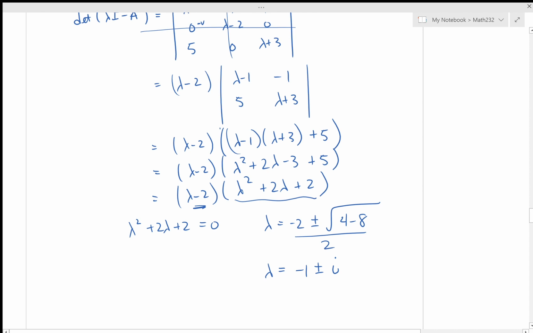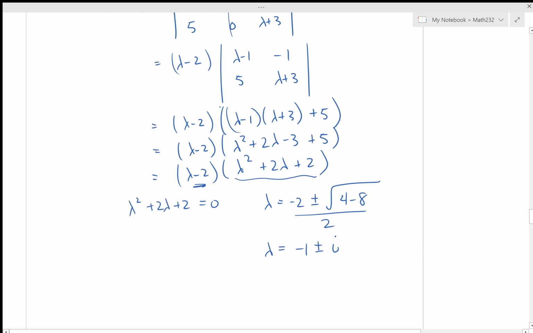Okay, so we have here, well, a few things. We got asked to state the characteristic polynomial, so why don't we just do that? Characteristic polynomial, p of lambda, is equal to lambda minus 2 times lambda squared plus 2 lambda plus 2.